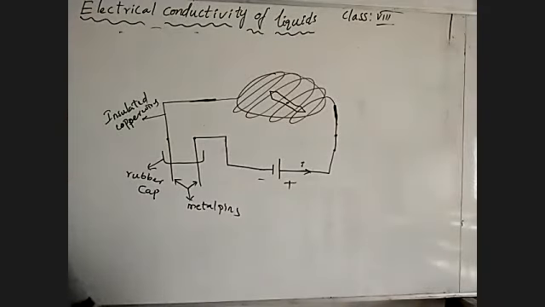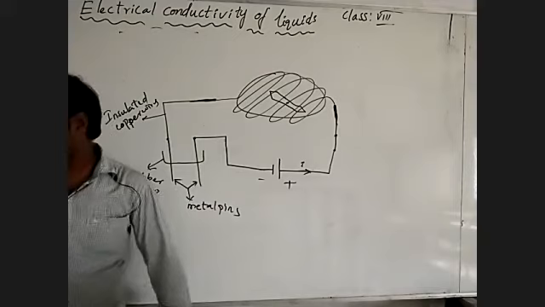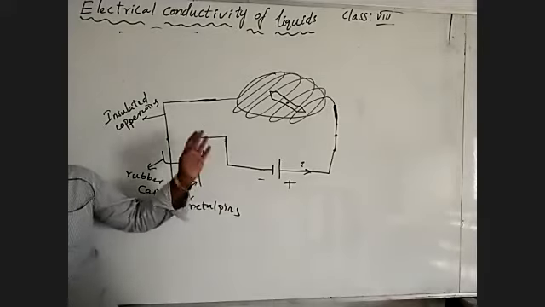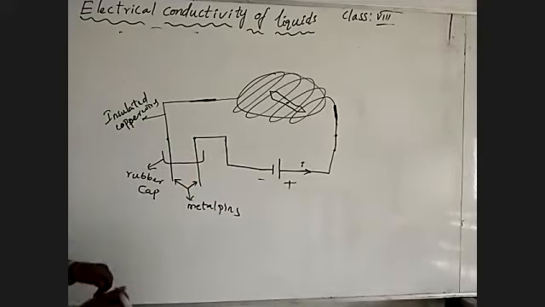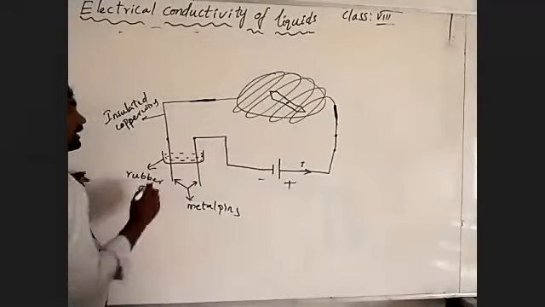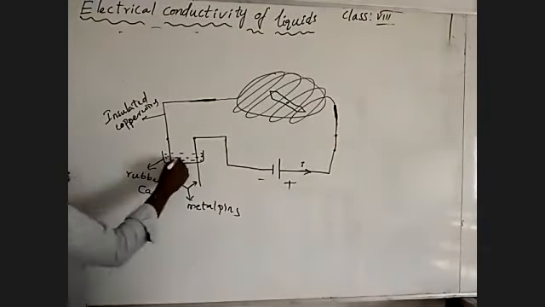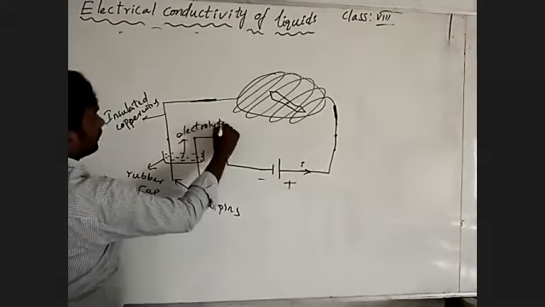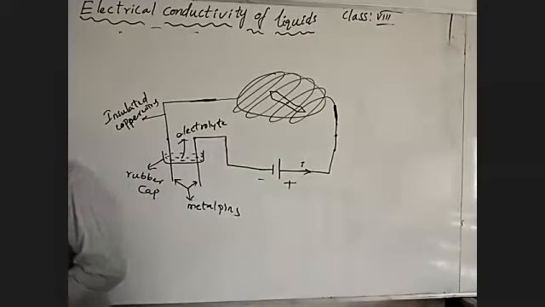Generally by using an LED bulb, what do you observe? When electric current passes through, by taking a liquid substance, by taking an electrolyte, we use the electrolyte in that.